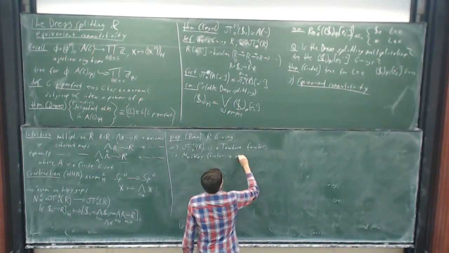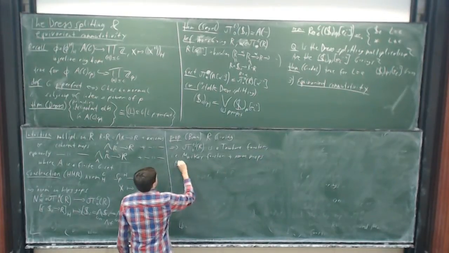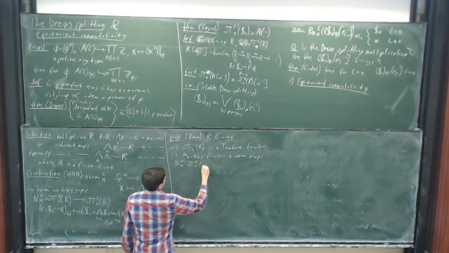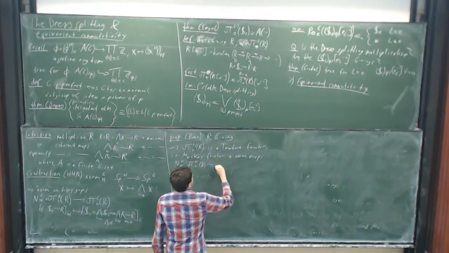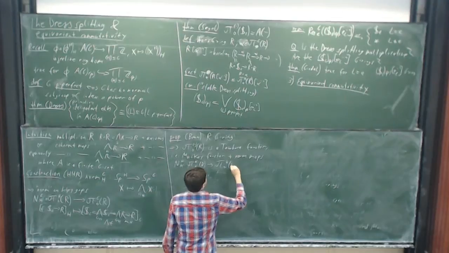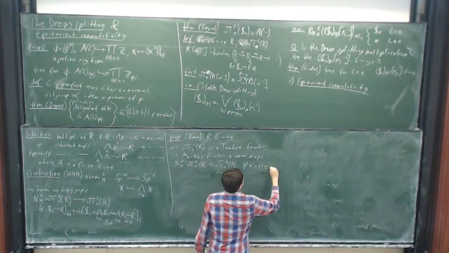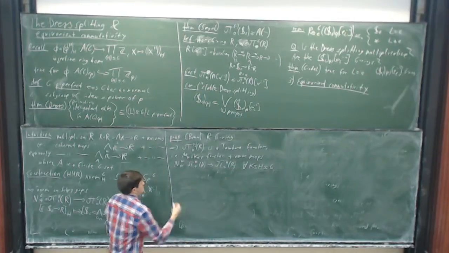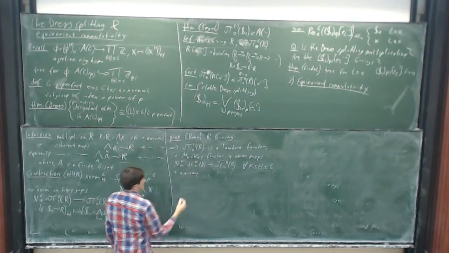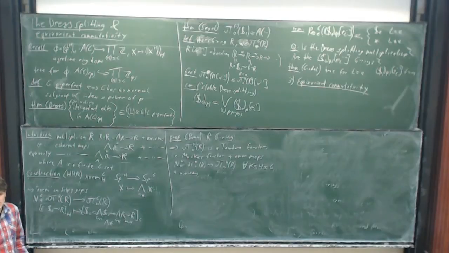Mackey functor plus norm maps N_K^H from the K homotopy groups to the value of this functor at H, for all K inside H in G. Plus a list of axioms that ensure that the norm is compatible in the right way with restriction and transfer.